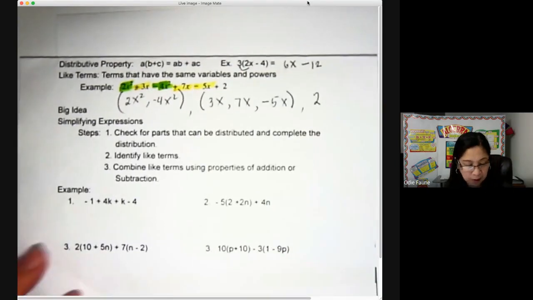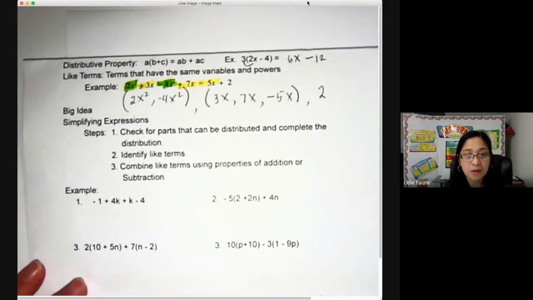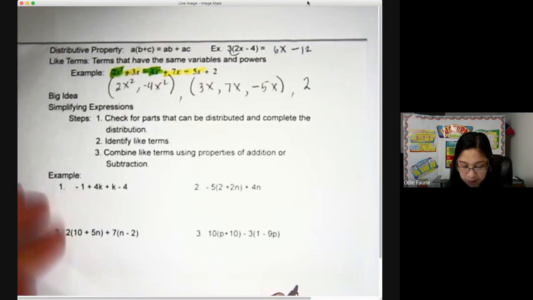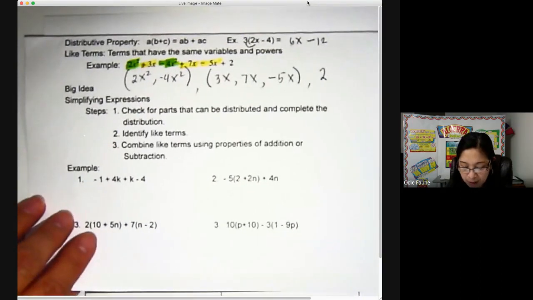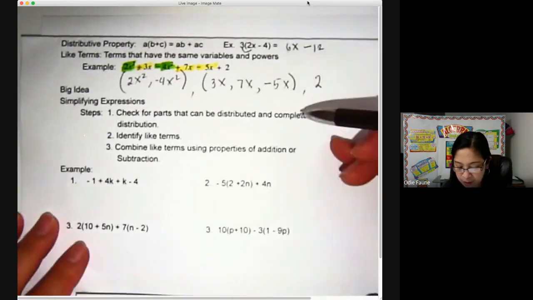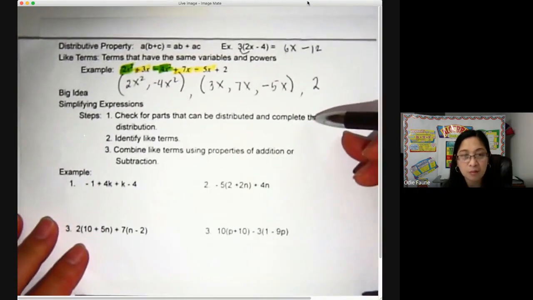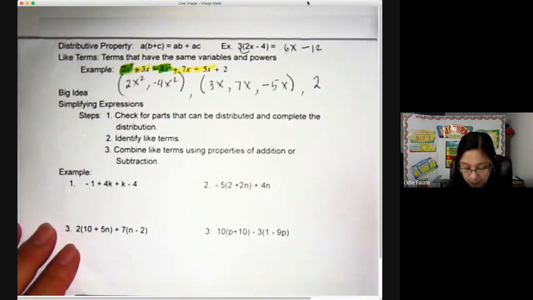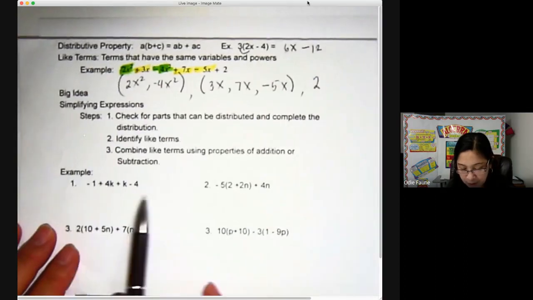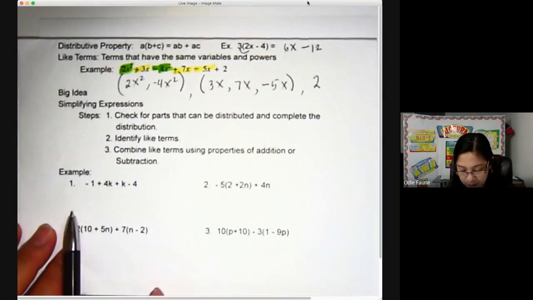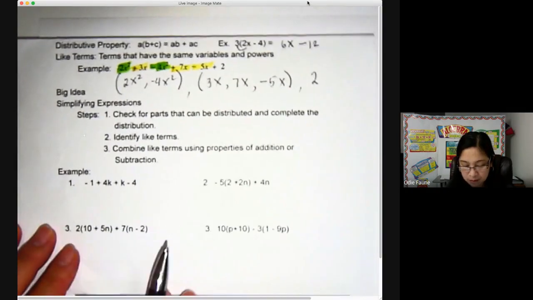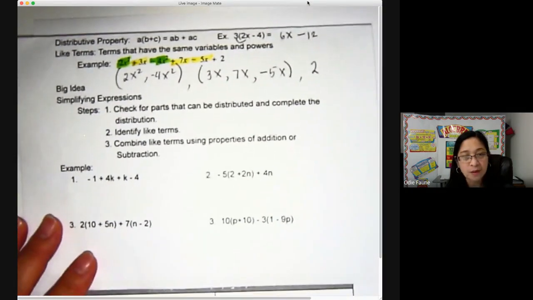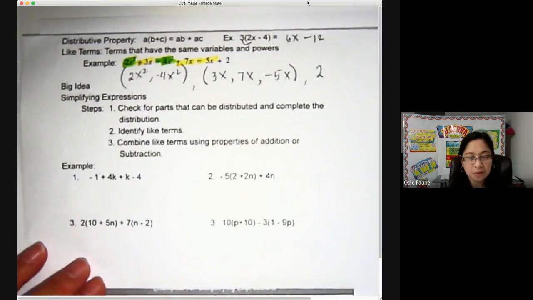So let us solve this using these steps. First, check for parts that can be distributed and complete the distribution. Is there any part that can be distributed? None. So there is no parenthesis there. There is no distributive property.